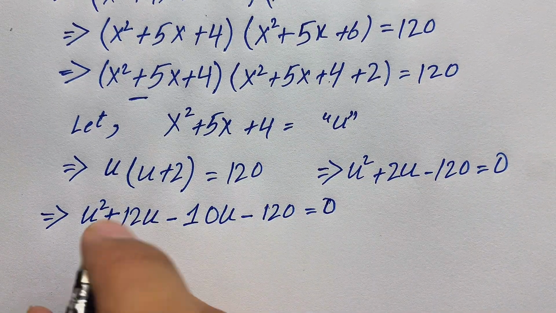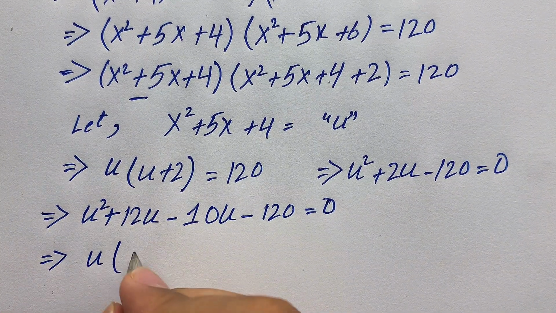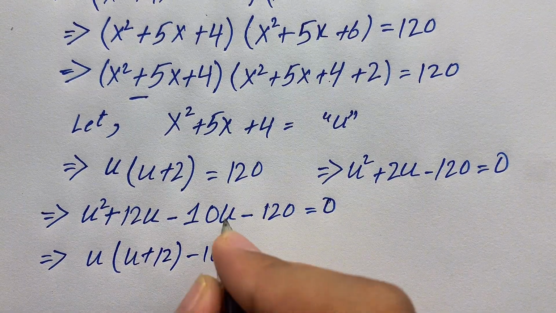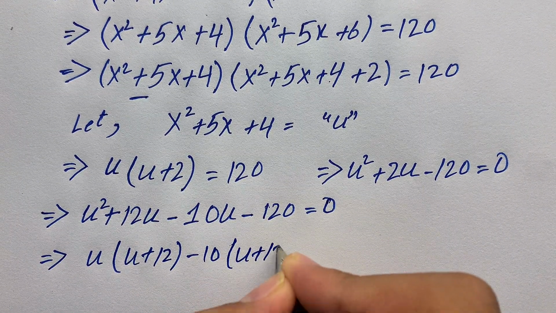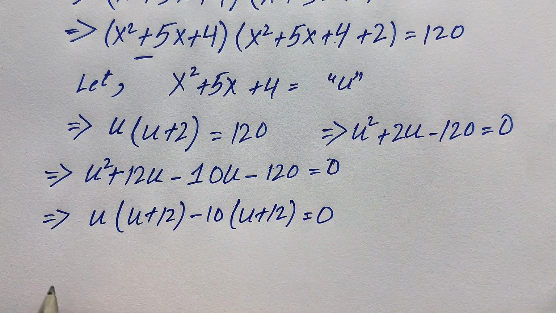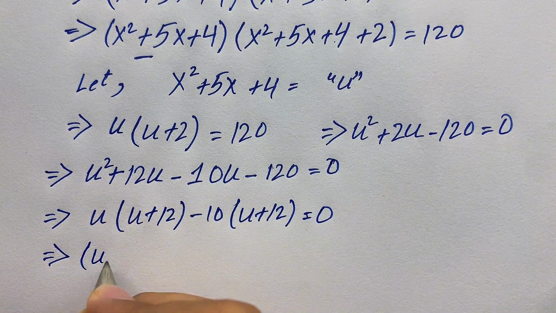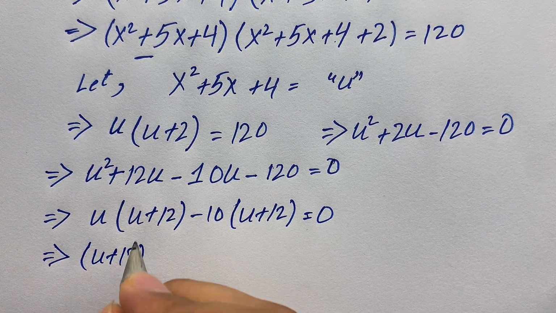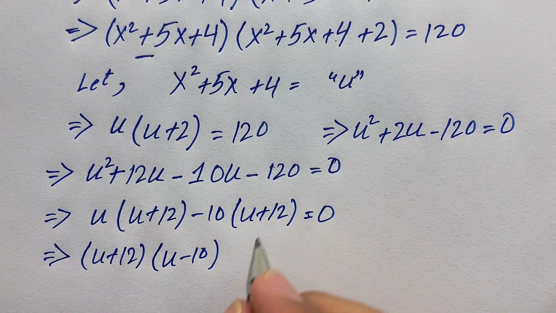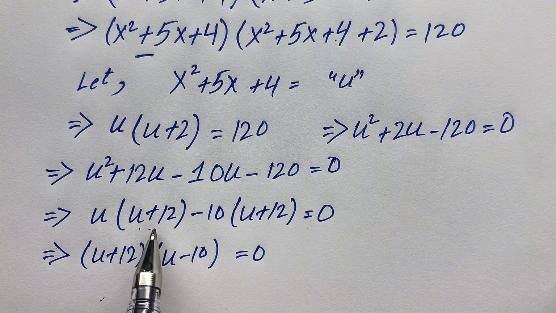So in next, u into (u plus 12) minus 10 into (u plus 12) is equal to 0. (u plus 12) into (u minus 10) is equal to 0.